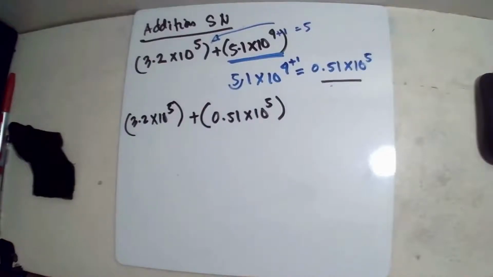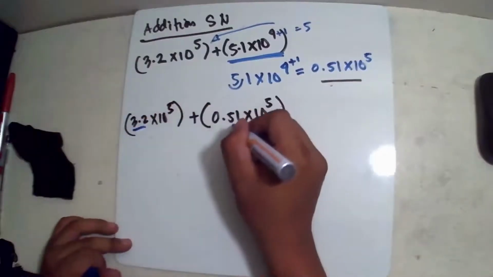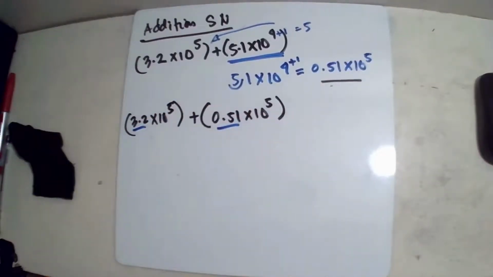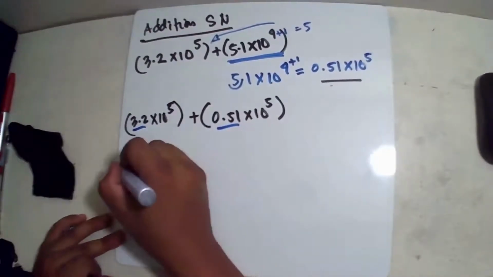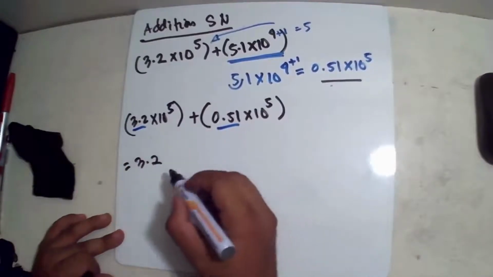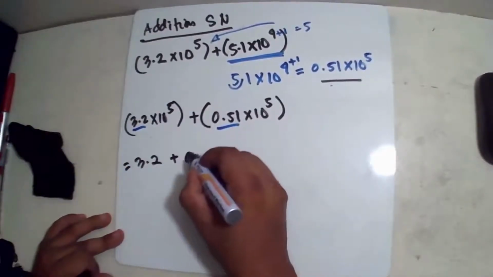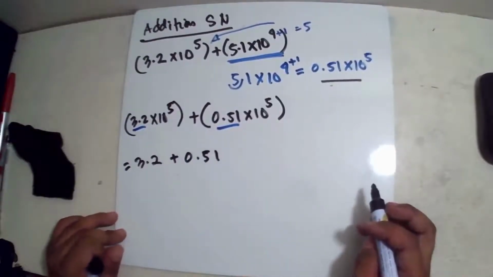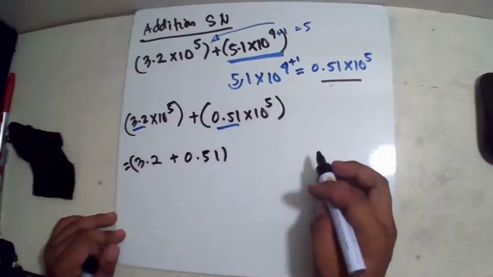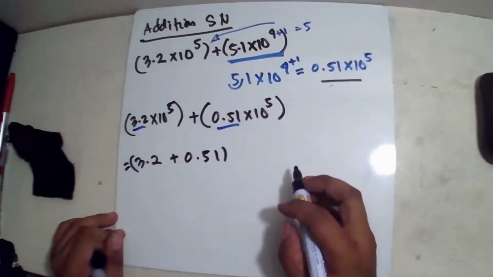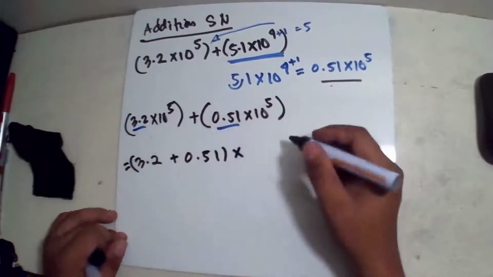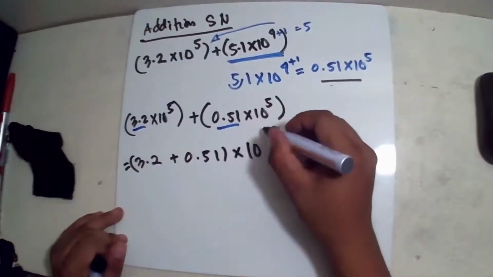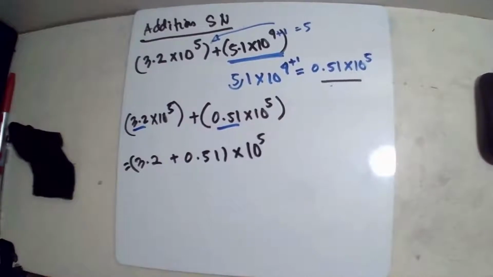To do that, we just have to copy this one. So this becomes 3.2 plus 0.51, and this exponent will have to be excluded from each term, so this becomes times 10 to the 5.